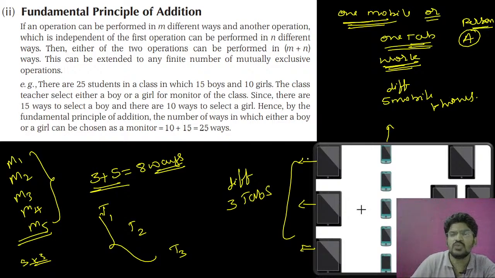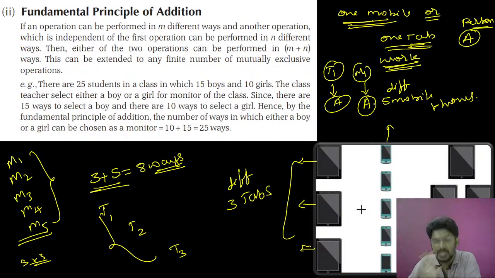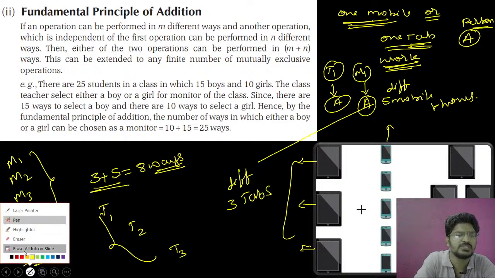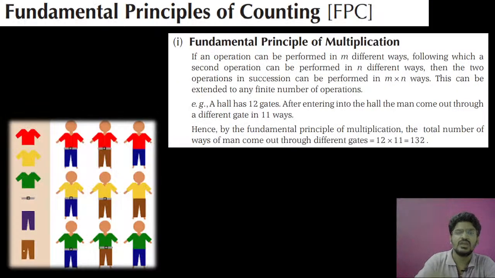See, if I give tab T1 to person A, my work is over. If I give mobile 1 to person A, my work is over. That means I may give one tab or I may give one mobile. So that's why this is different from the first fundamental principle of multiplication. In multiplication, m ways continue with n ways.